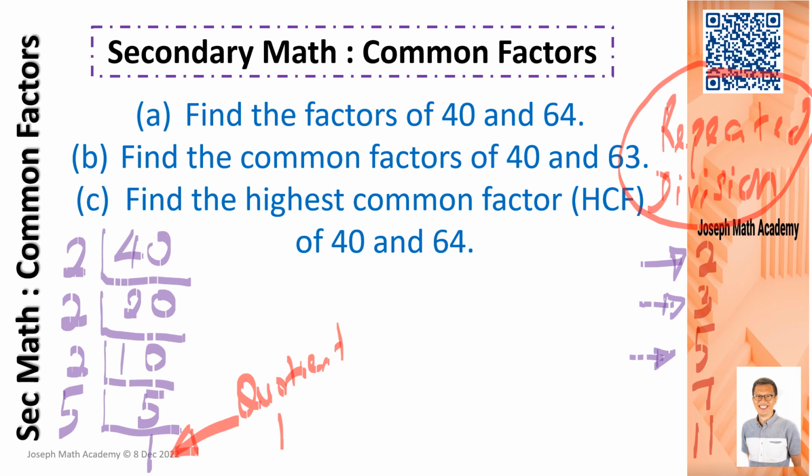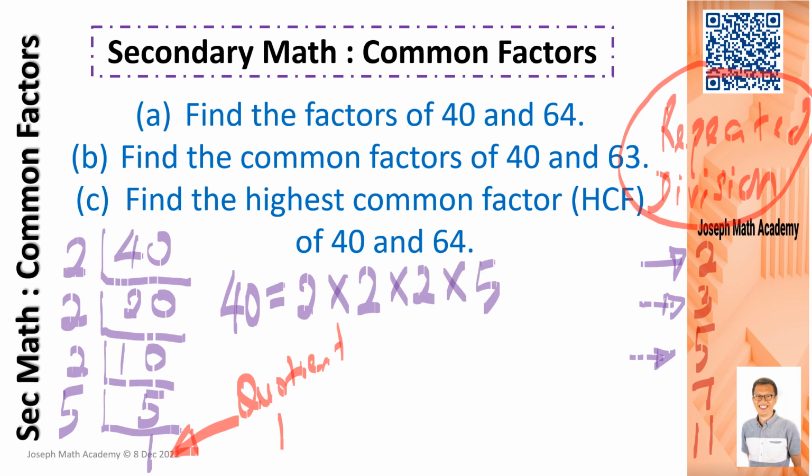So what is 40 using prime factorization? Let me write it down for you. 40 is equal to 2 times 2 times 2 times 5.